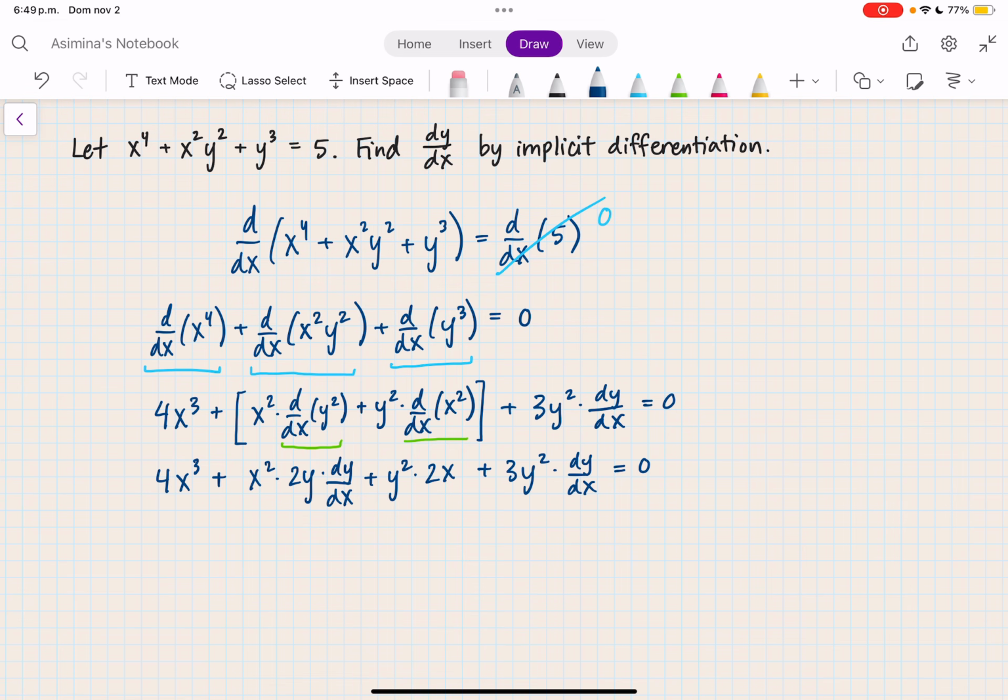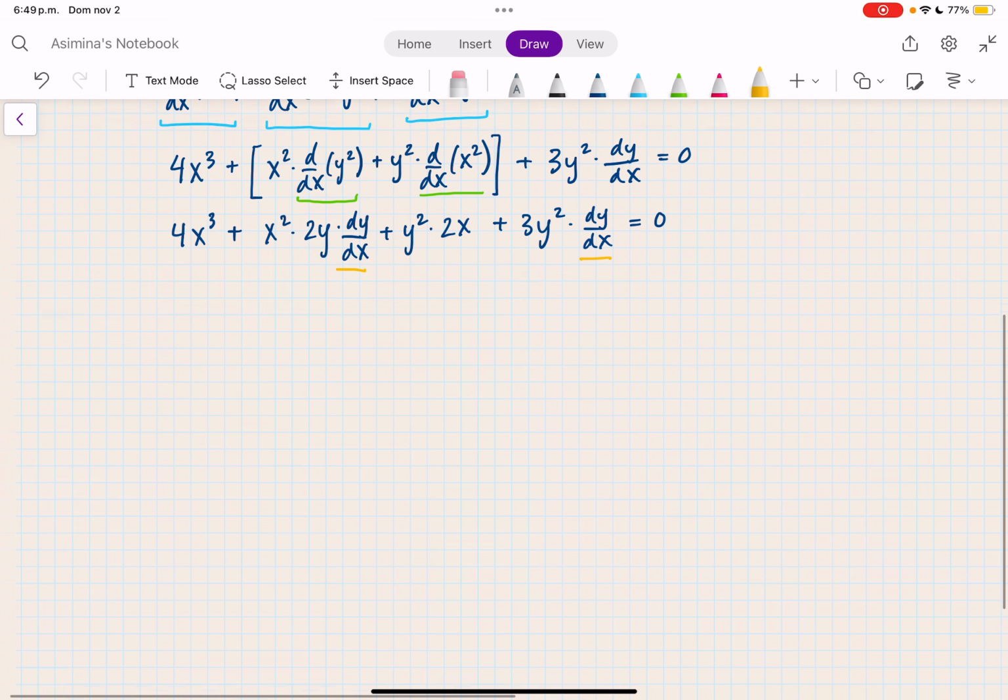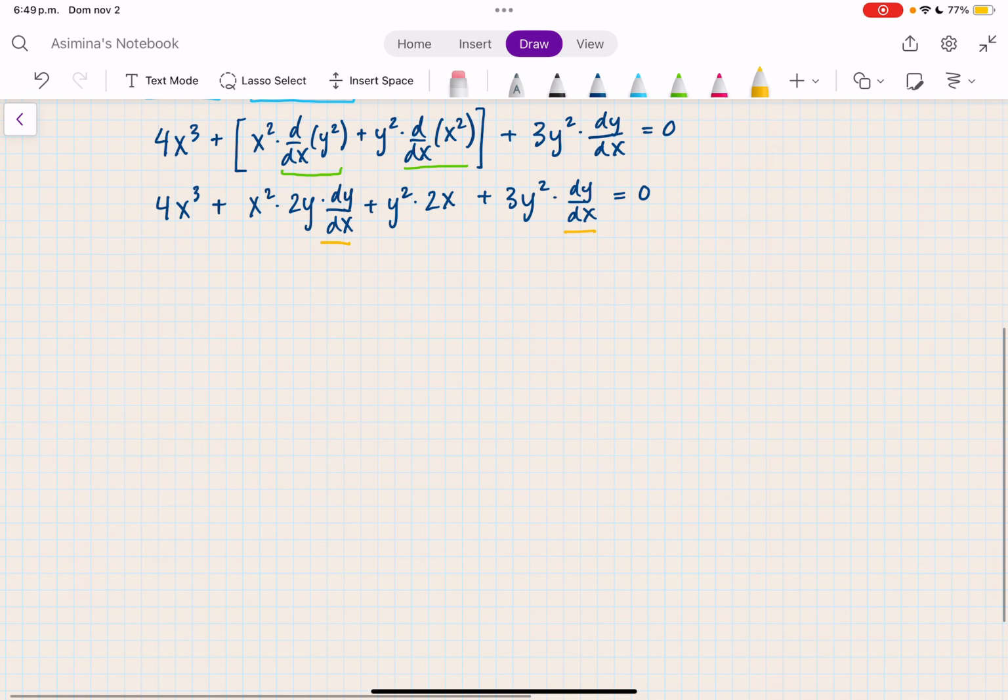Okay, now what is it we want to do? Well, we want to solve for dy/dx, which we see we have here and here. So we can start by isolating those. So let's subtract everything else from the other side. So what does that mean? That means I want to subtract 4x cubed from both sides and 2xy squared.